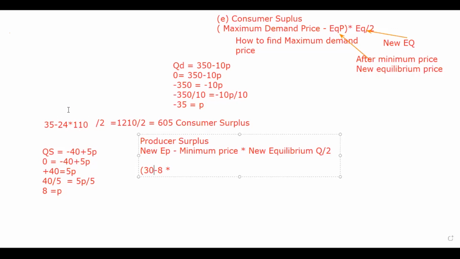The consumers are agreeing, but for the producer the government is giving 30 rupees. So I will go with 30 minus 8, then the same equilibrium quantity, 110 divided by 2. So 30 minus 8 is 22, into 110 divided by 2. So 2420 divided by 2 is 1210.